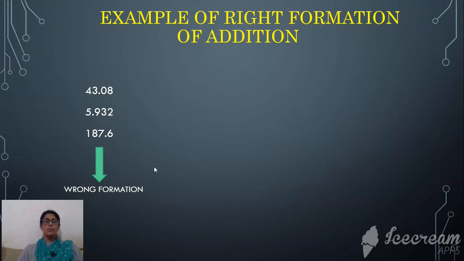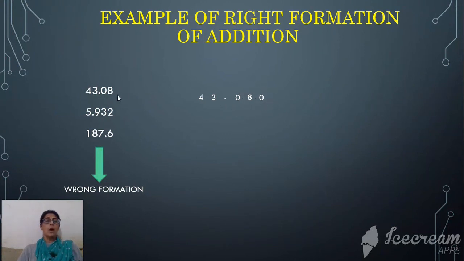Now I will show you which is the right formation. The number I am writing here is 43.08. Now another number is 5.932. So first we need to change this number to a like decimal by placing an extra 0 here.